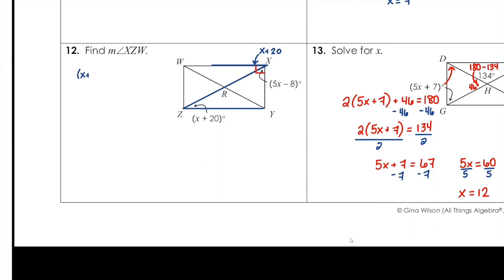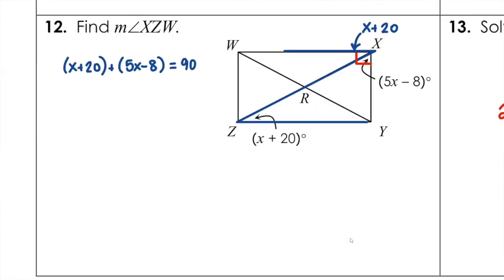So x plus 20 plus 5x minus 8 equals 90. So we're going to combine like terms. So we get 6x plus 12 equals 90.